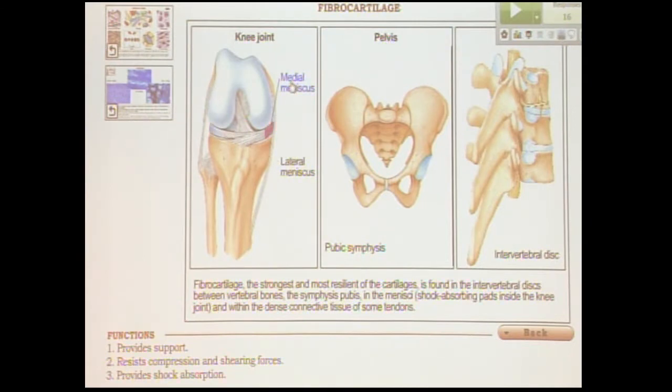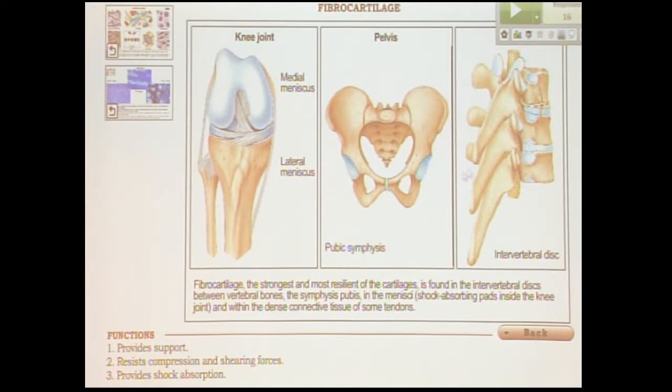So anyway, the meniscus: you don't want regular hyaline cartilage there, because it takes too much force. So instead you've got fibrocartilage that has more collagen. It can't stretch and go back as much, but it can take tons of force. In your knee, on the edges, and where your pelvis meets at the base, it takes a ton of force and pressure.